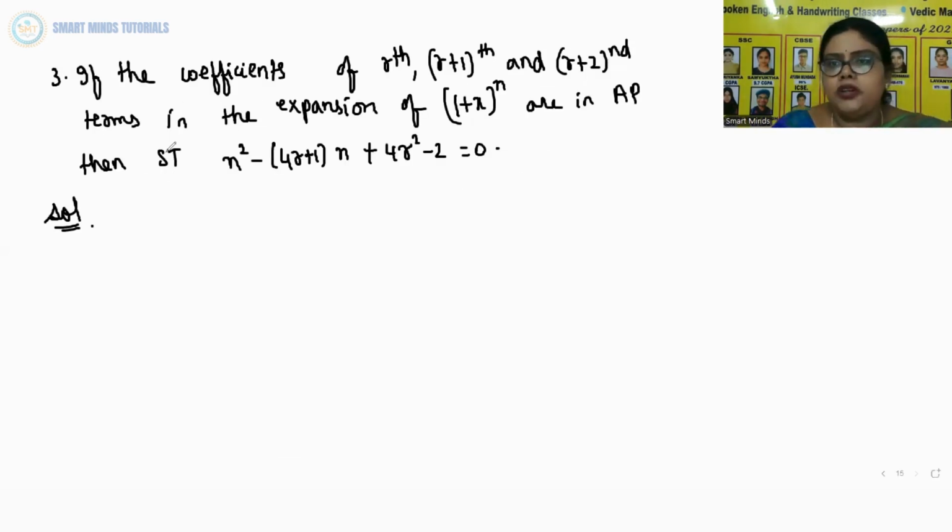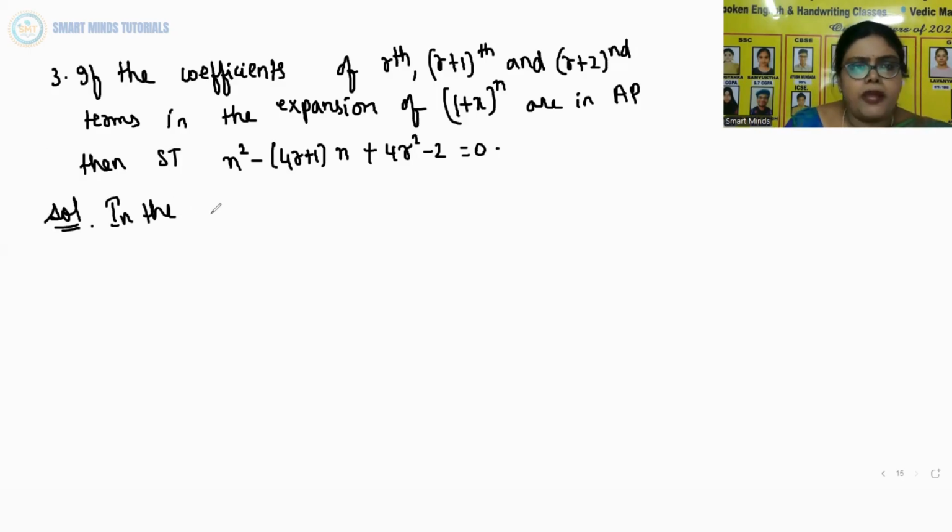Take the next question. If the coefficients of the rth, (r plus 1)th and (r plus 2)th terms in the expansion of (1 plus x) power n are in AP, then show that n square minus (4r plus 1) into n plus 4r minus 2 is equal to 0.